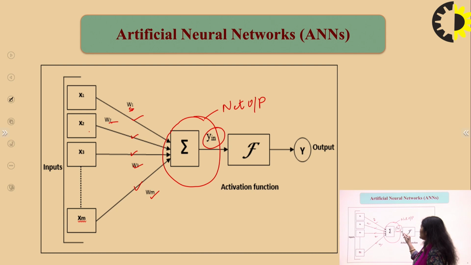Once the net output is generated by this summation node, an activation function or a transfer function is applied here, and that converts this overall net input into the final output of the model, which is denoted by Y, right? So from your inputs x1, x2, up to xm, we are creating the output Y by a mapping, and this mapping essentially uses two main things.